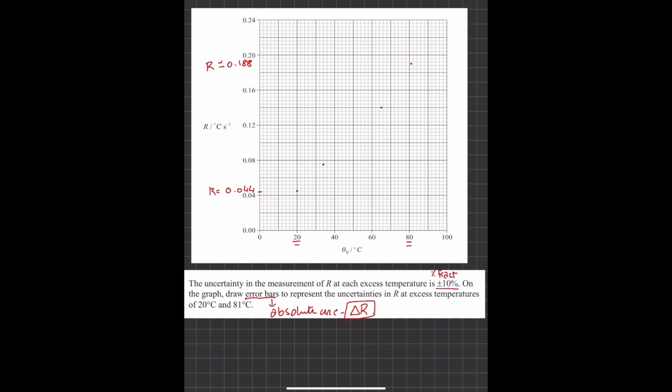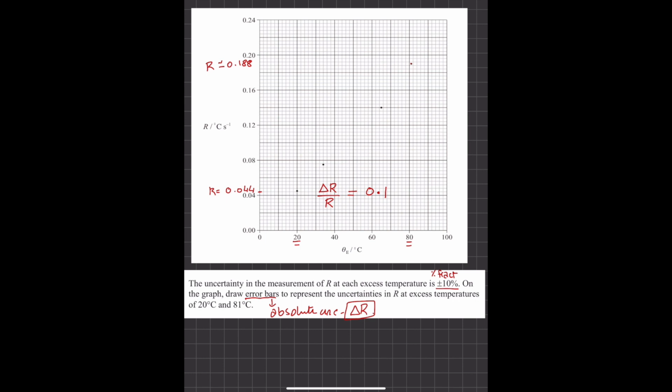We need to find the uncertainty of each value. So we know that the general rule is the uncertainty of R divided by R is given to us as 10%, so it's given to us times 100, correct? Which means that the uncertainty of R over R in each value is going to be equal to 0.1.